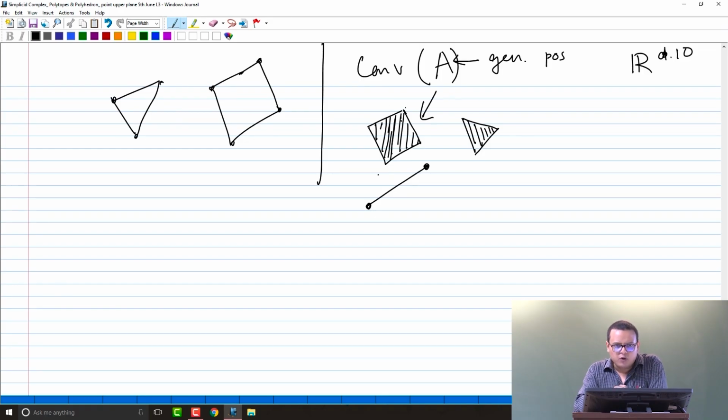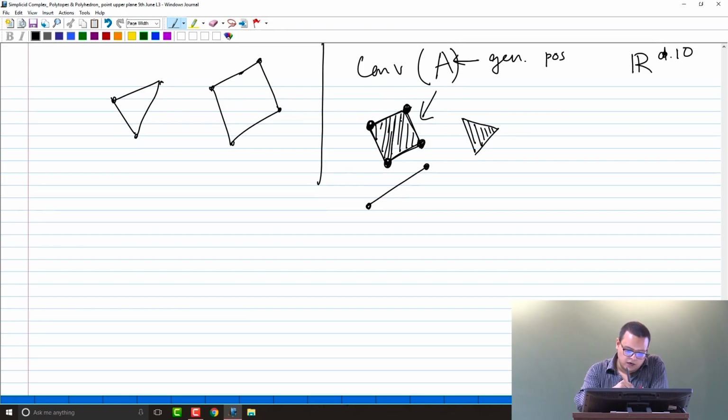But the faces then will not be this square, the faces will be these segments, these vertices, because in R2 you have to intersect this object, and the supporting hyperplanes are lines.